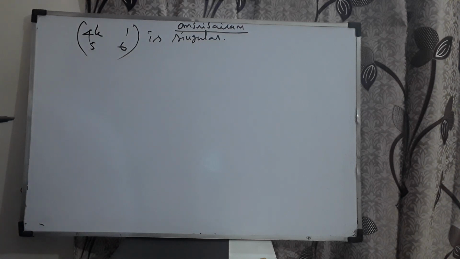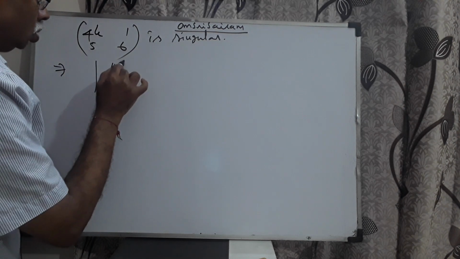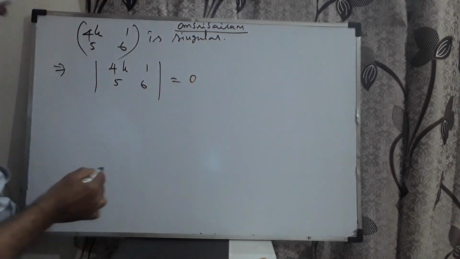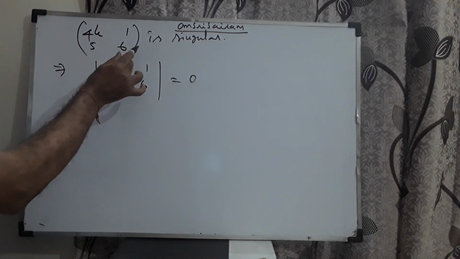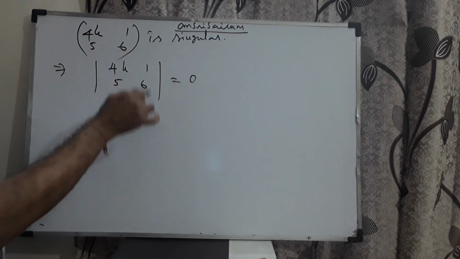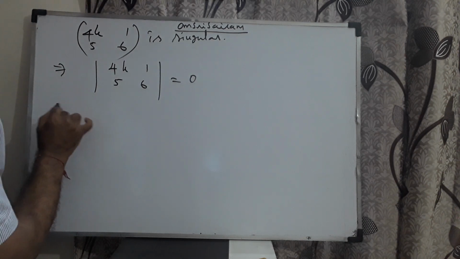If the determinant value of a square matrix is not equal to 0, it's called non-singular. So the determinant of [4 k; 5 6] is supposed to be 0. You're supposed to use this bracket symbol for matrices and the vertical symbol for determinants.